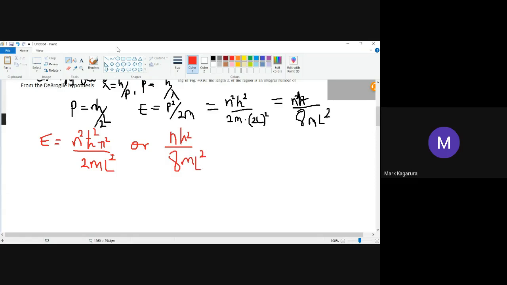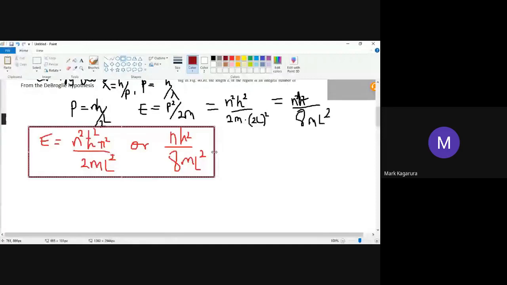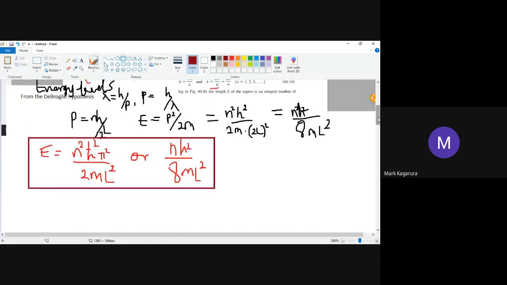So you have those two expressions for your energy, and they are both valid. And you can see this very closely relates to what we had from the Bohr atom.